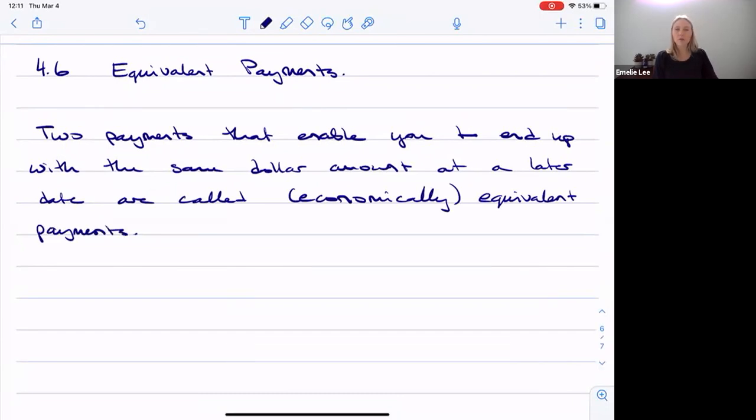Okay. So if you're able to end up at the same future value, then we say that these two payments are equivalent.